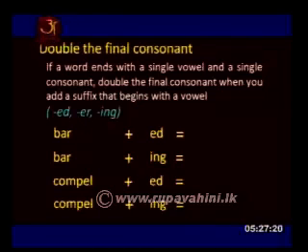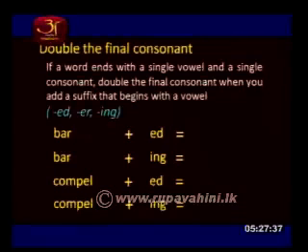And there is certain rule, if a word ends with a single vowel and a single consonant. මුලින්ම single vowel එකක් vowel එකට පස්සේ consonant එකක් තියෙනවා නම් තමයි මෙහෙම වෙන්නේ. Then double the final consonant when you add the suffix that begins with the vowel.